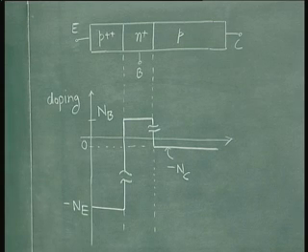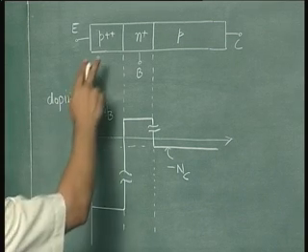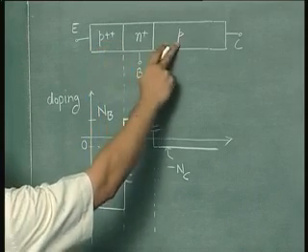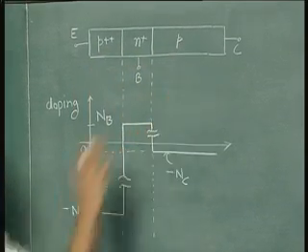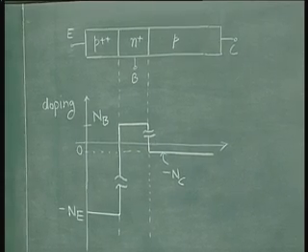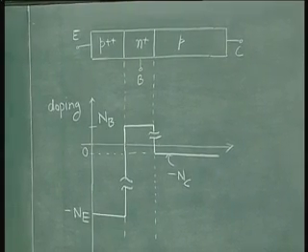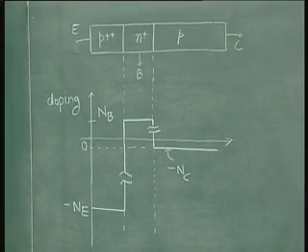Now, another thing we need to understand is that the P++ and P regions will be assumed to be sufficiently long for the development of our simple theory for the transistor.